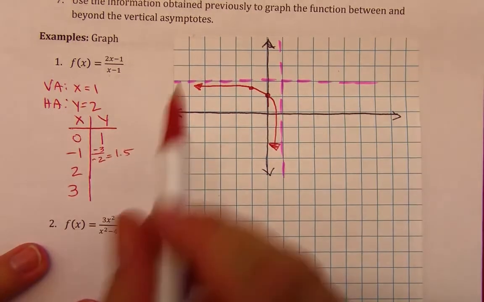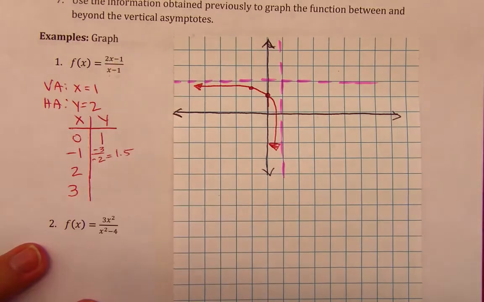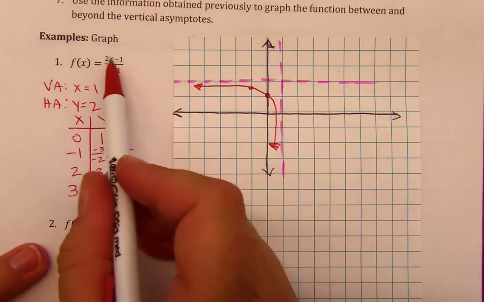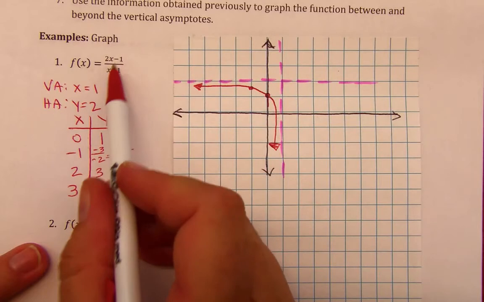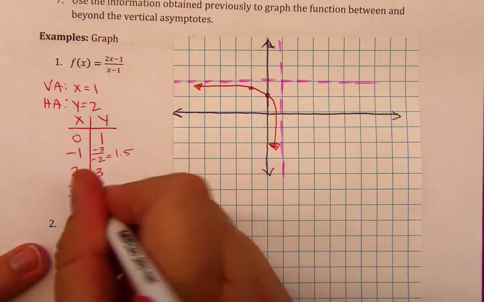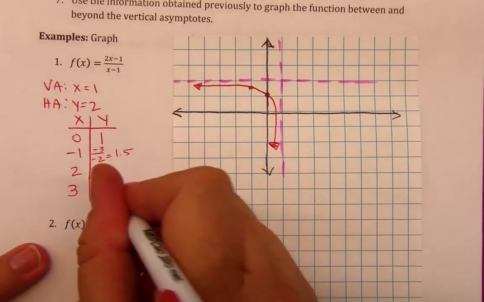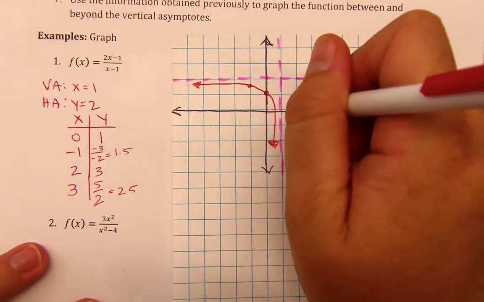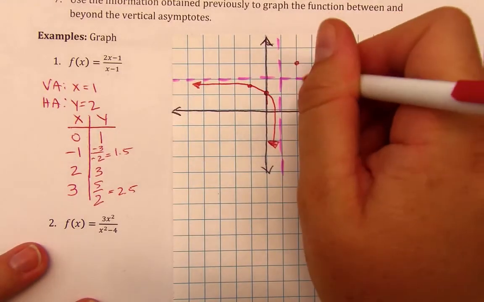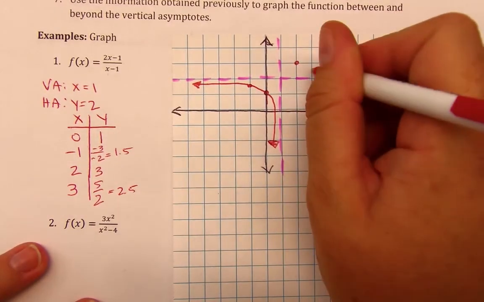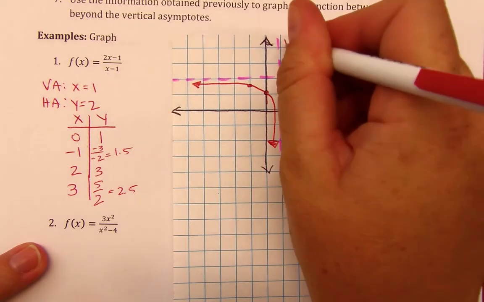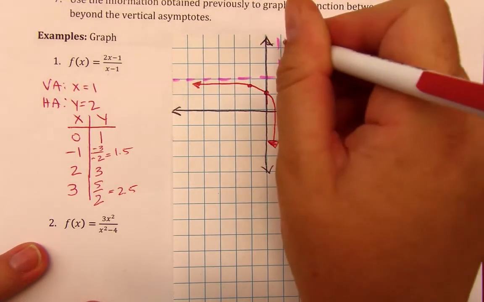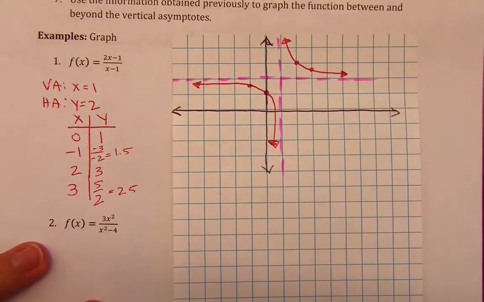And plugging in 2, I get 3 on top and 1 on bottom, so 3. And plugging in 3, I get 5 on top and 2 on bottom, so 5/2, or 2.5. So I have the point (2, 3), and I have the point (3, 2.5). And based off that, you can plug in more points if you want, but I know that this is what my curve is going to look like.